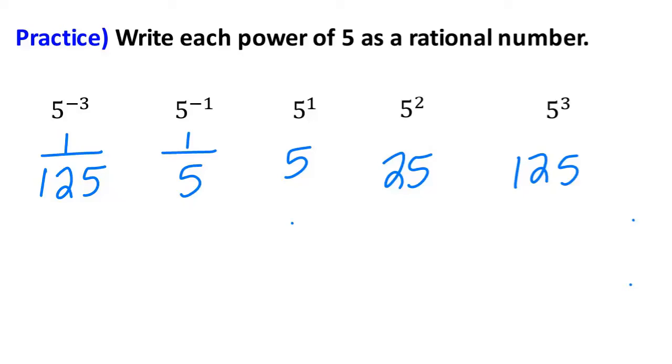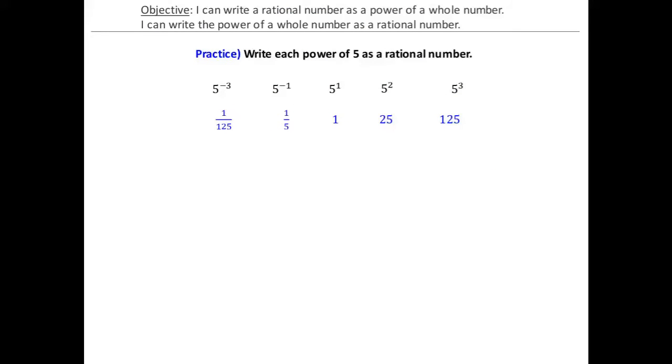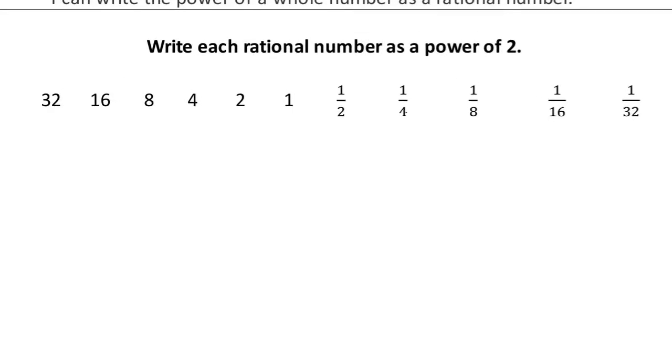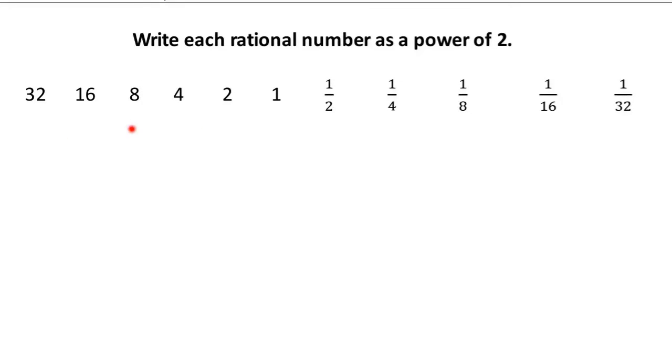All right, so now we're going to move on to the second part of the lesson. We're going to go backwards. This time we have the whole numbers, and you have to put them as a power of 2. So I'm giving you the whole numbers and rational numbers, and now we're going in reverse.